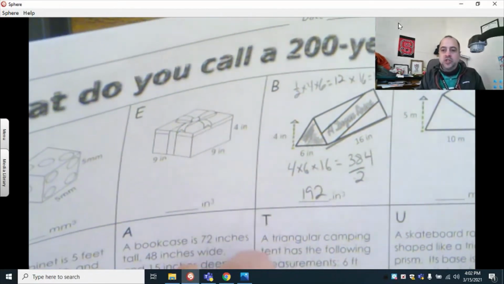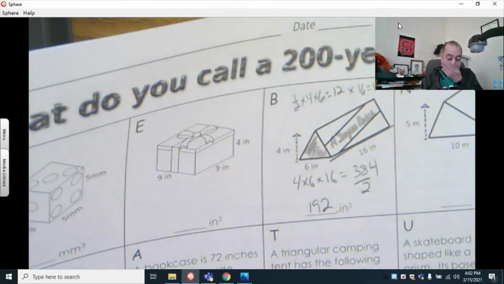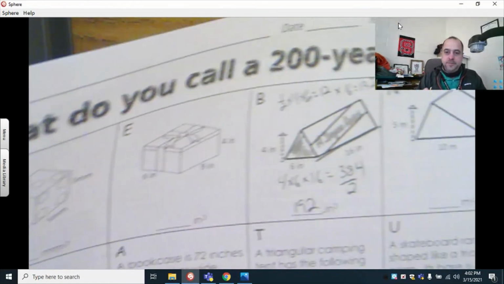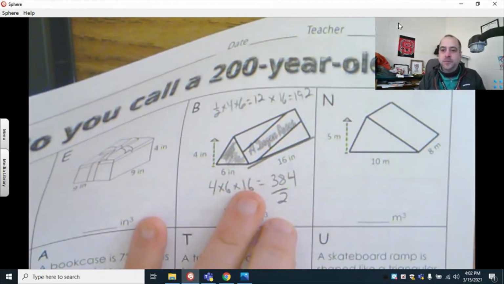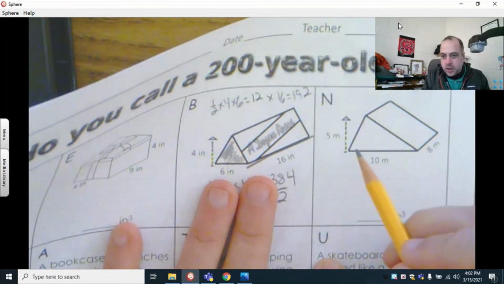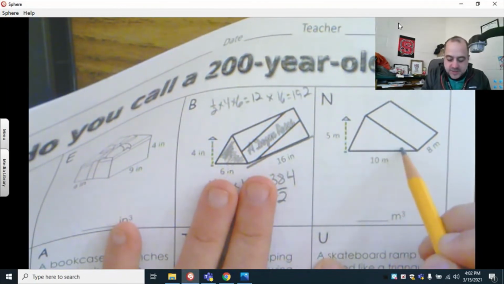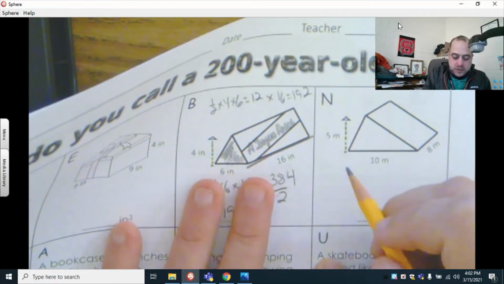Okay? Let's try another one. Let's do this triangle right here. Okay? Alright. So we have a triangle. Check out this triangle. It has a base of 10 and a height of 5, right? So 1/2.